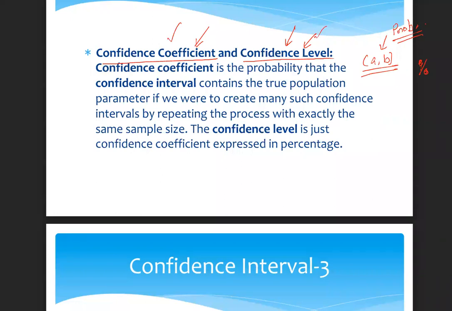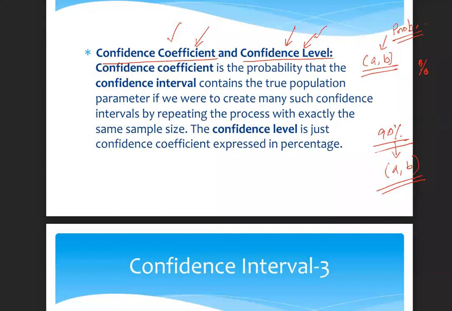and confidence level is in percentage. Okay. And also sometimes people say I'm 90% confident, meaning there is a 90% chance that the interval AB includes that population parameter. Some statistics folks are going to get very upset with you for saying that.